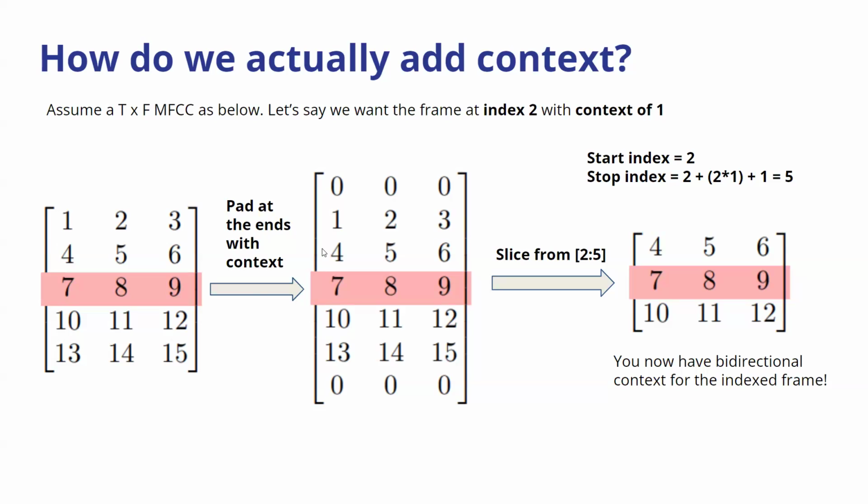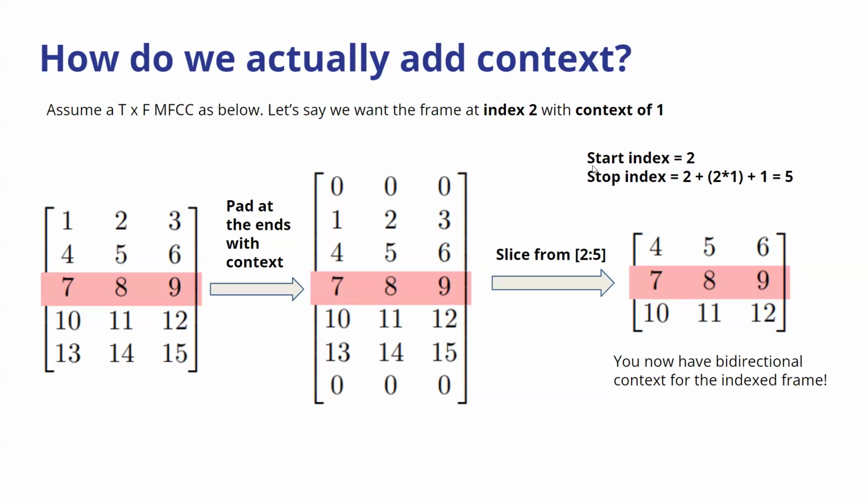You pad it at the ends, and in your get item method, you set a start index, which is the one that we want. In this case, 2. The stop index will be the start index 2 plus 2 times the context, plus 1, because we also want the 1 in the middle. So you take a slice of this extended matrix.